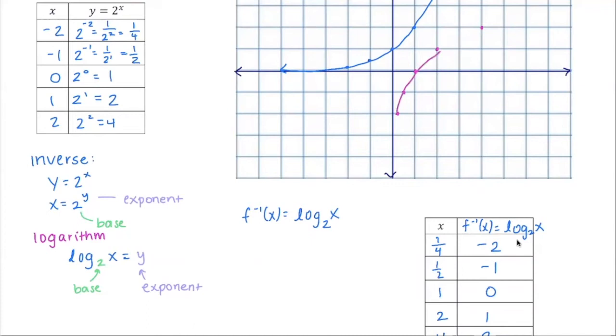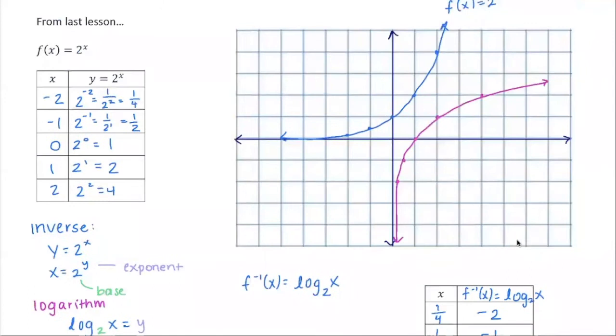And you'll notice with our exponential function, I did not write it, but we did have an asymptote happening horizontally at y equals 0. And now we can see our asymptote will be vertical at x equals 0. All right, so this is our inverse function, which is our log base 2 of x.